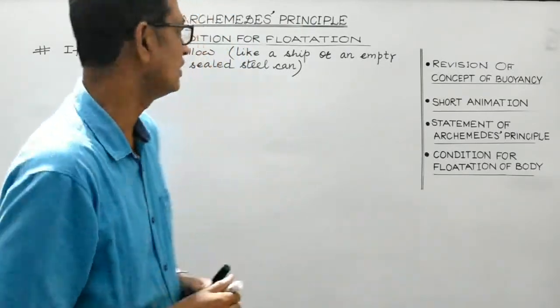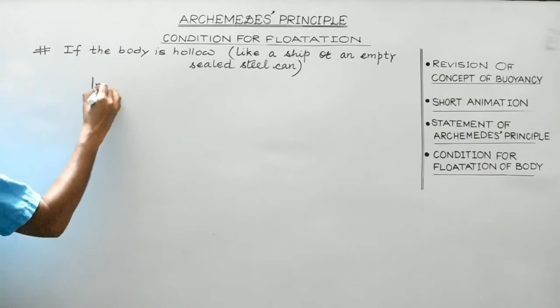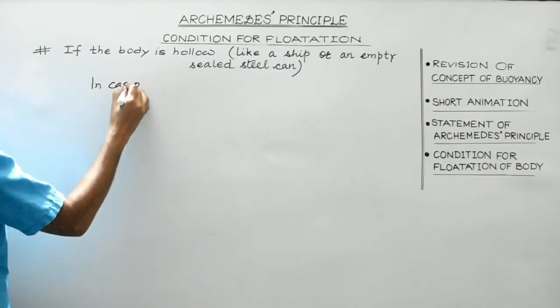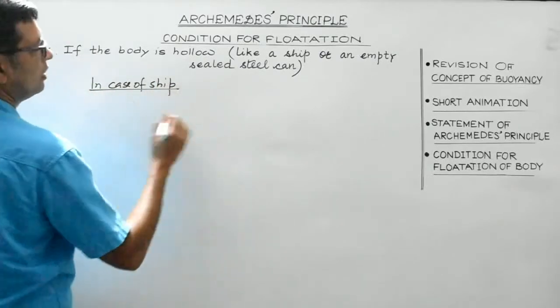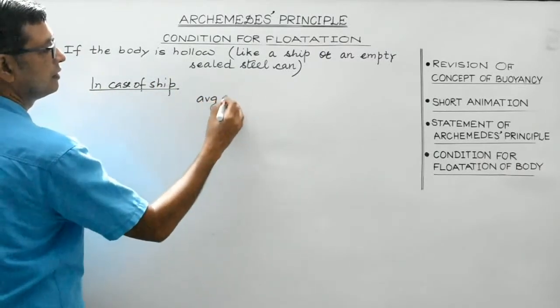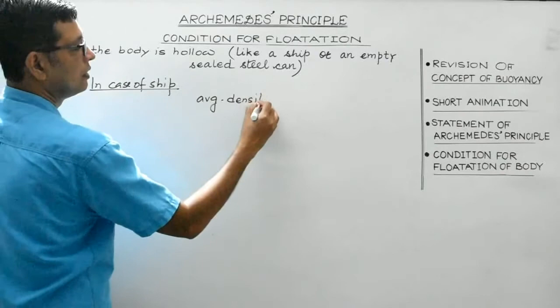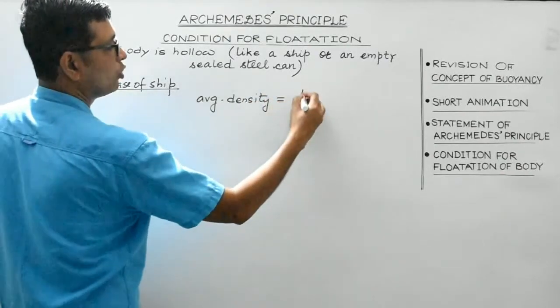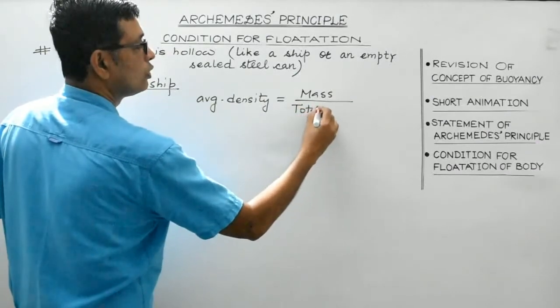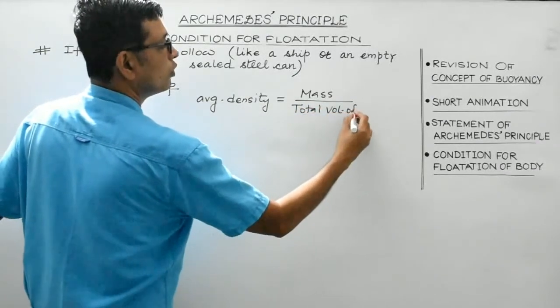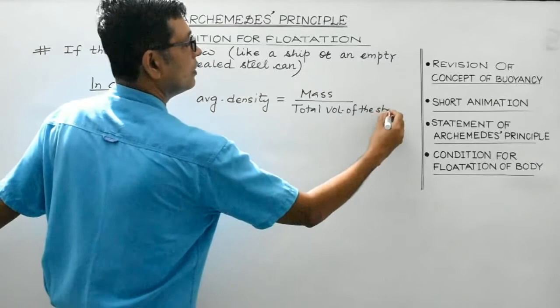What I mean is, students, in case of a ship, the average density is to be considered, and it will be equal to mass divided by total volume of the ship.